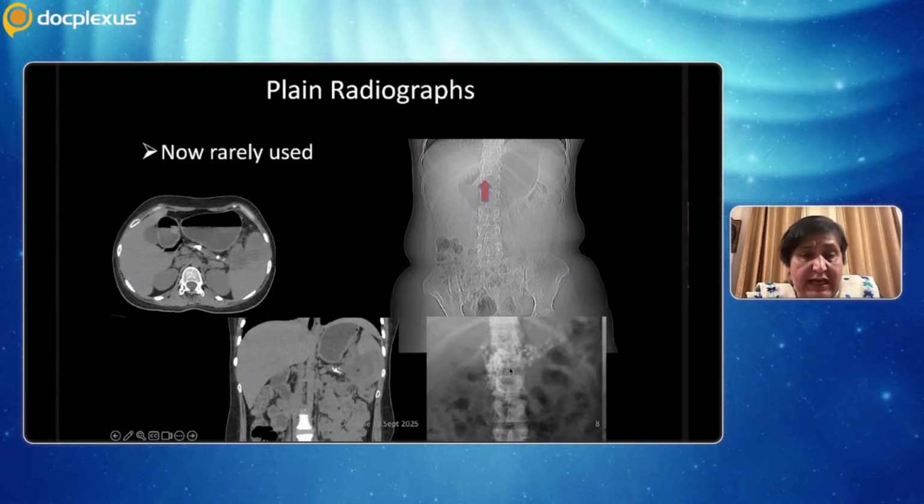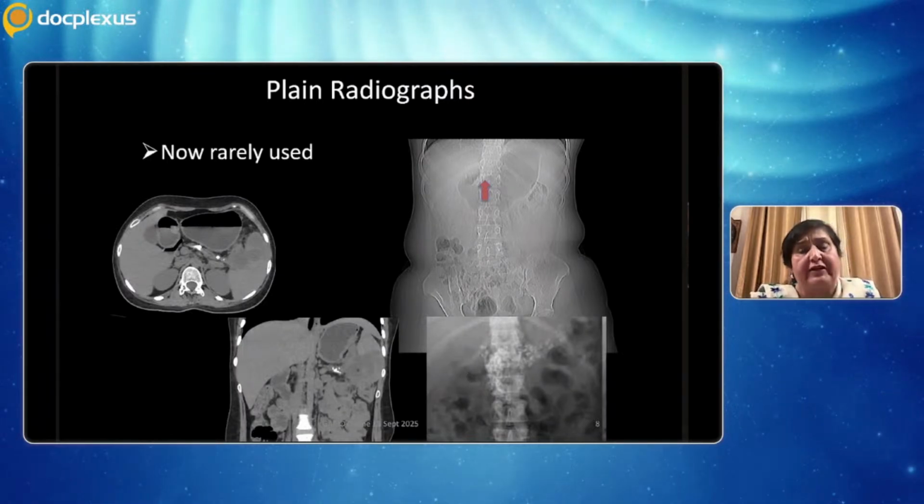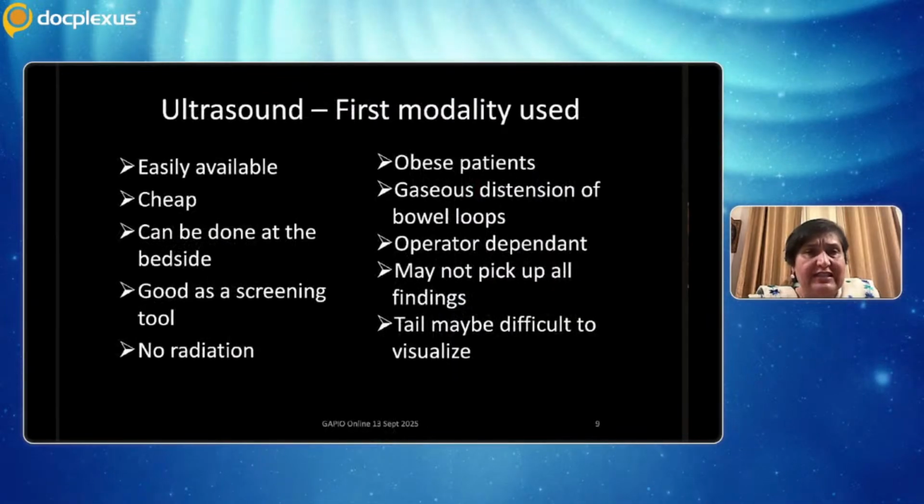Earlier, there used to be multiple signs for diagnosing acute pancreatitis, like the sentinel sign, the colon cutoff sign, but these are now almost historical, and we rarely ever get to do radiographs and see these conditions. Ultrasound is usually the first modality used because it's easily available, cheap, can be done at the bedside, and is good as a screening tool.